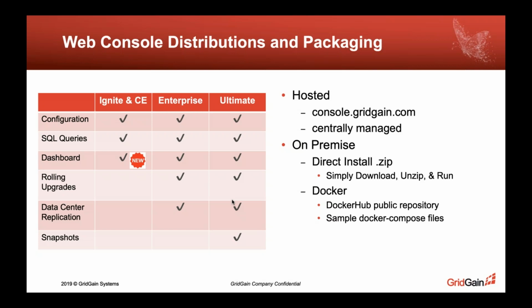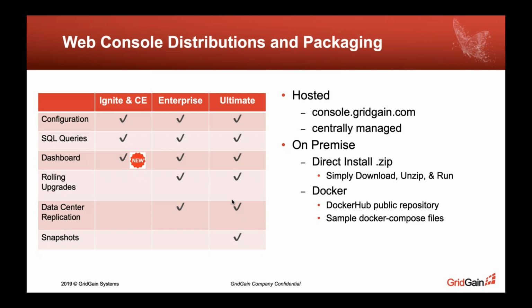If you prefer to work in more of a traditional bare metal environment, you just grab a zip. We produce Web Console as a simple zip that you can just unzip and run. No additional configuration required besides grabbing the web agent and running that as well.